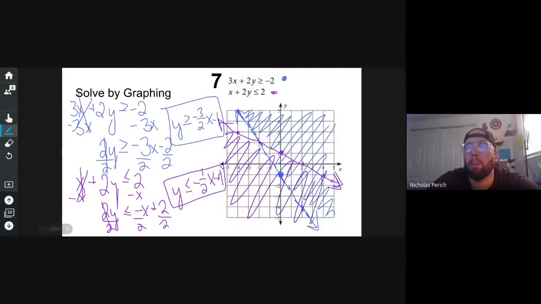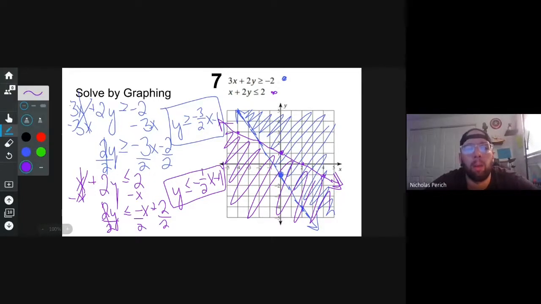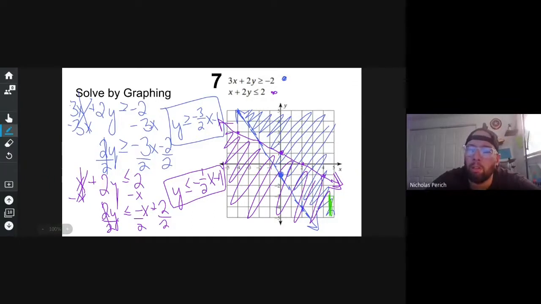Look at the purple and the blue meet. So wherever the purple and the blue meet is my final answer that I'm going to color in with green. So my final answer is going to be this green area that I am now coloring in. That area right there in green is my final answer.